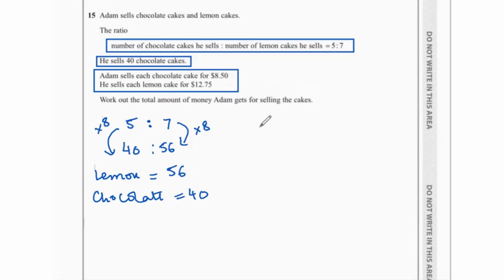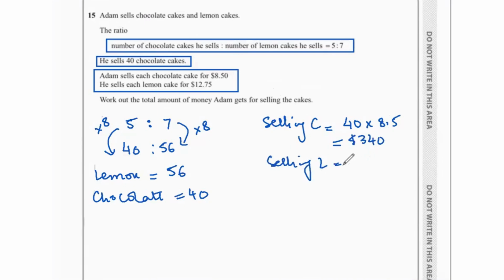So to find the selling of chocolate, that's going to be 40 times 8.5, which is going to give us $340. And for the selling of lemon, that's going to be 56 times 12.75, which is going to give us $714.